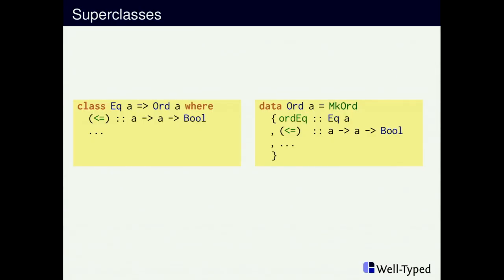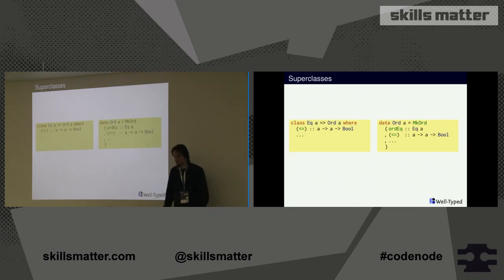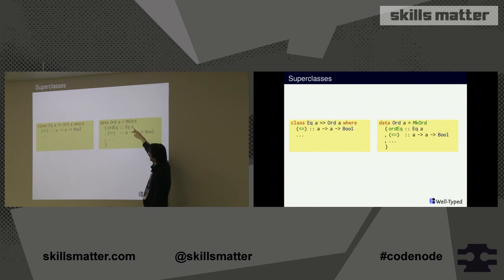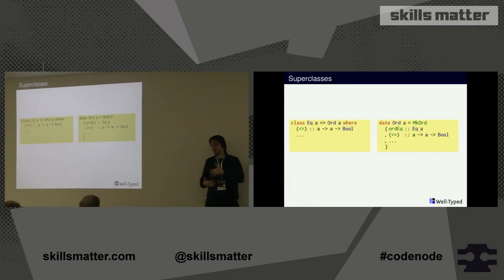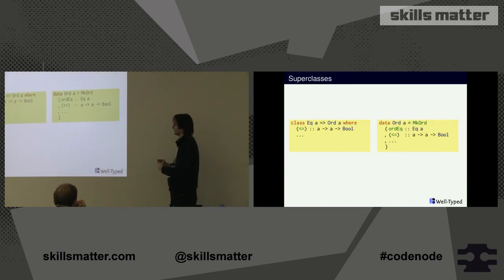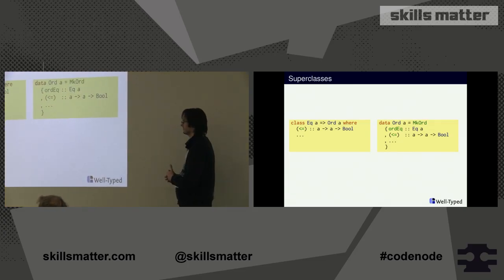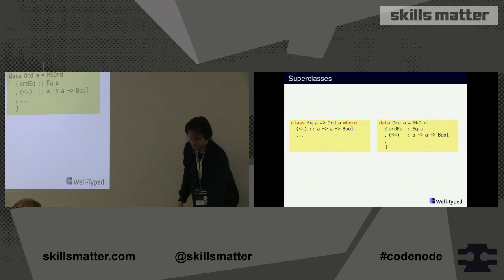So if we define the translation of ORD, we're getting a record that contains all the methods of the ORD class as before, but it additionally contains a method to select the EQ dictionary out of the ORD dictionary. And this implements the idea that whenever we have an ORD instance, we know that we also have an EQ instance. So we pack them up together. We pack the EQ instance into the ORD instance, which gives us a way to get back at an EQ instance if we have an ORD instance.